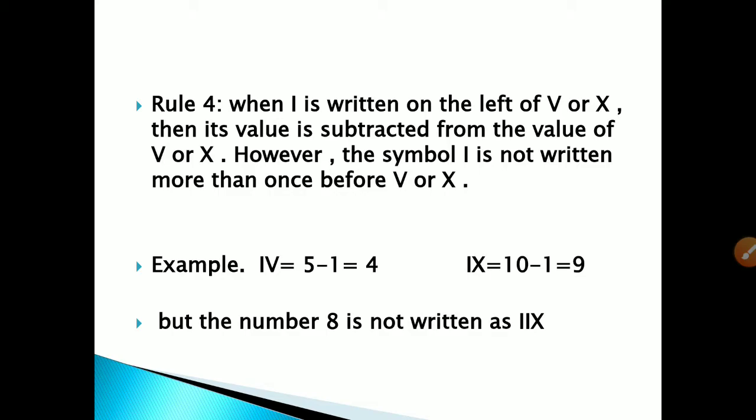When I is written on the left hand side of V or X, then its value is subtracted from the value of V or X. However, the symbol I is not written more than once before V or X. Now see the examples.